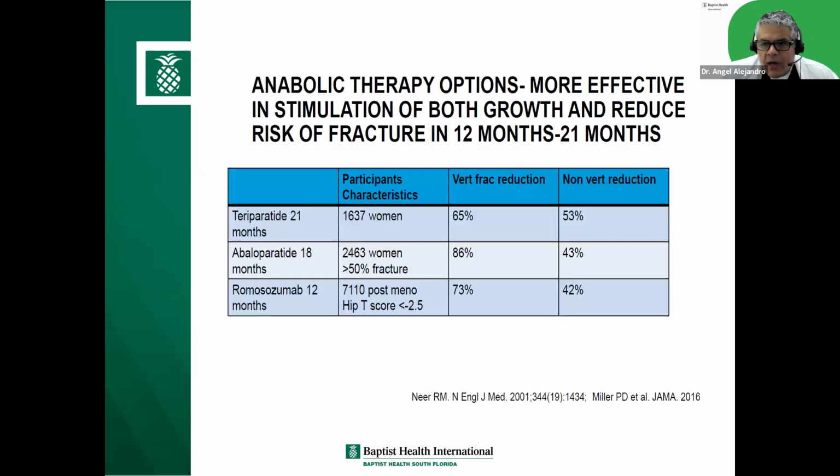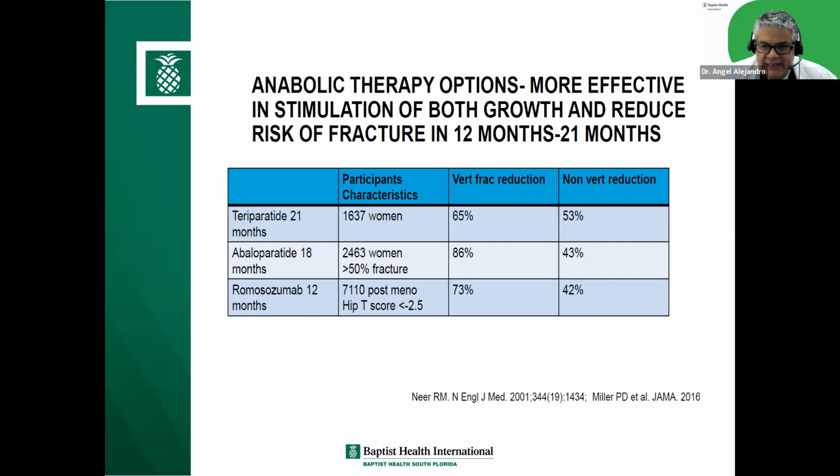When we look at the anabolics, remember the anabolics are used for 18 to 24 months, and then you switch over to an anti-resorptive agent. These drugs are highly effective. If you look at abaloparatide, that's your Tymlos, you see an 86% reduction. Remember that for zoledronic acid, it was a 70% reduction in vertebral fractures.